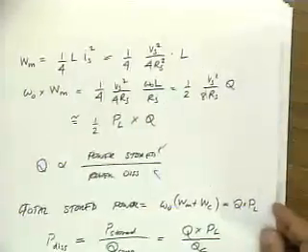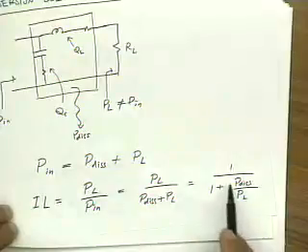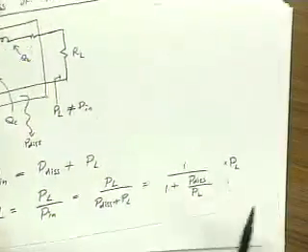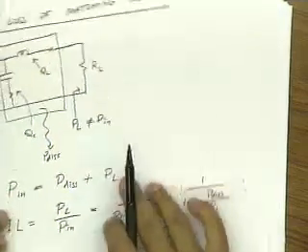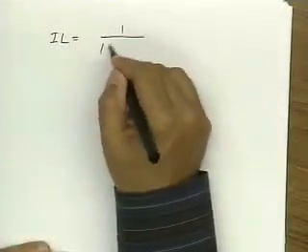So now if I go back to the simple expression I derived here for insertion loss, I have that P dissipation is basically Q over QC times PL. So if I substitute in here, I get a very simple expression for the insertion loss.